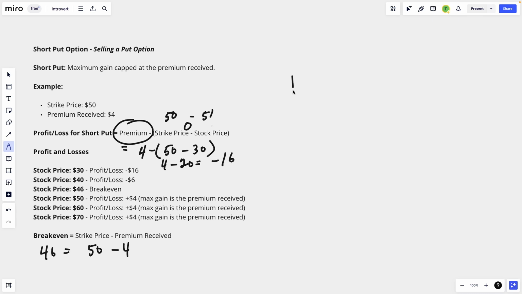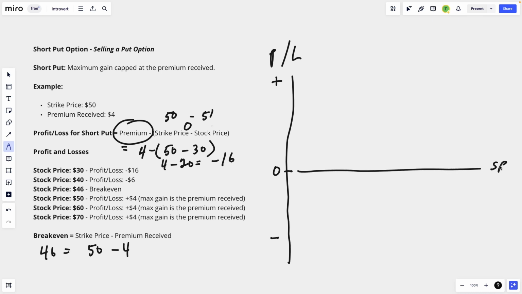So if we chart this out on our profit and loss diagram, here we've got profits, we've got losses down here, and right there at 0, we've got our stock price, and at 30, when the stock is 30, what happens to our profits? We are down 16. So we'll call it negative 16 right there.